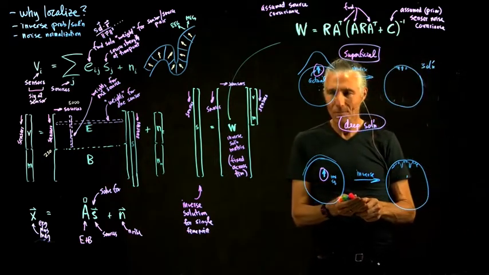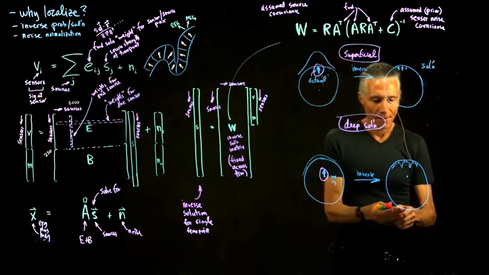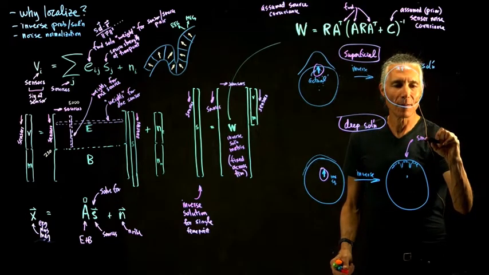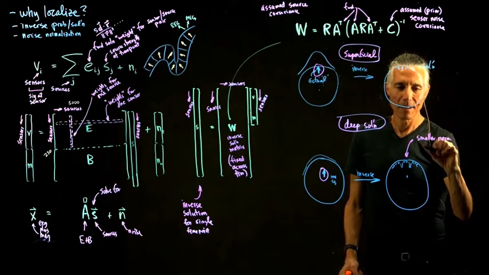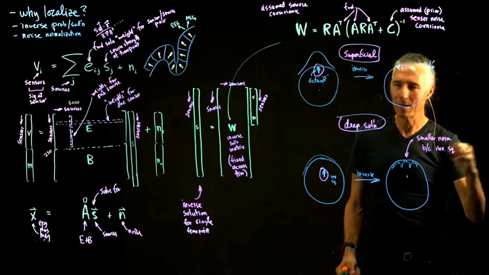And why does it have a smaller norm? Because of the inverse square. So this solution has a smaller norm, and that's because of the inverse square property.